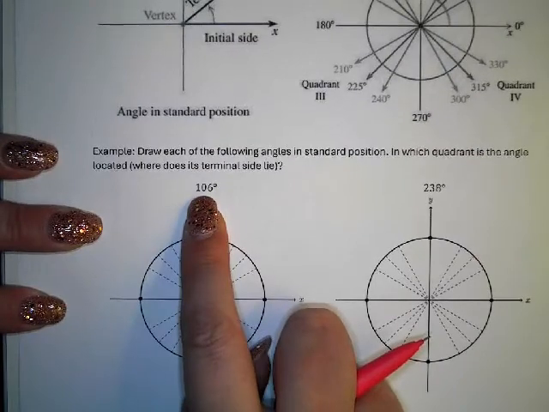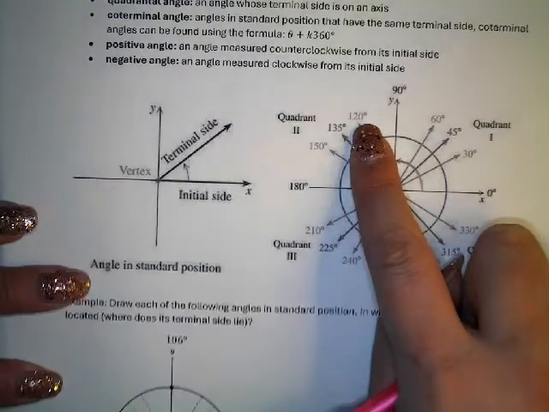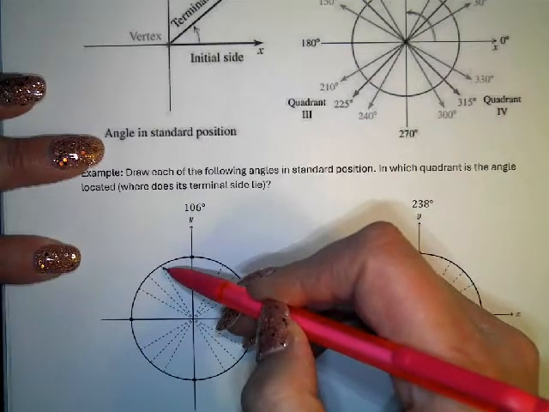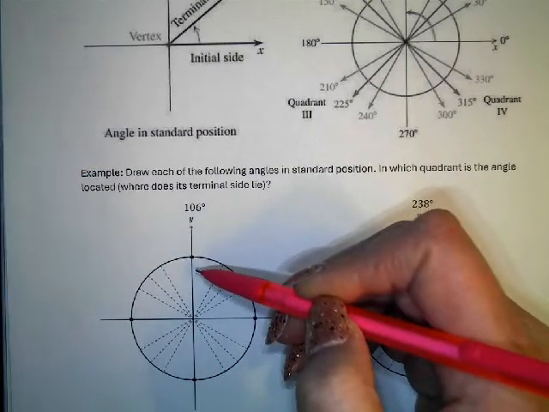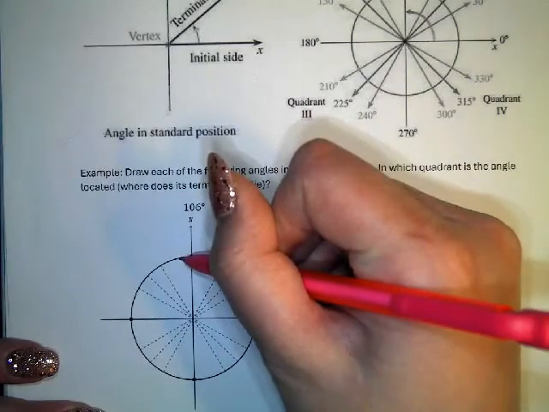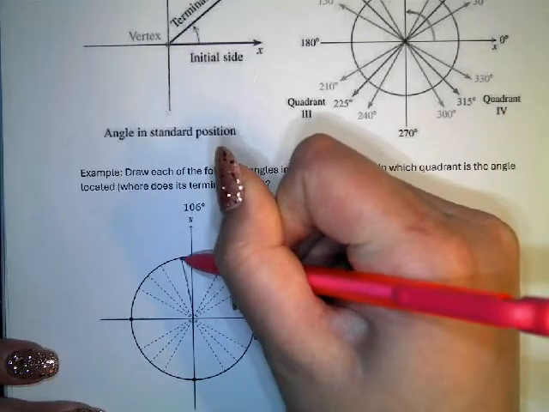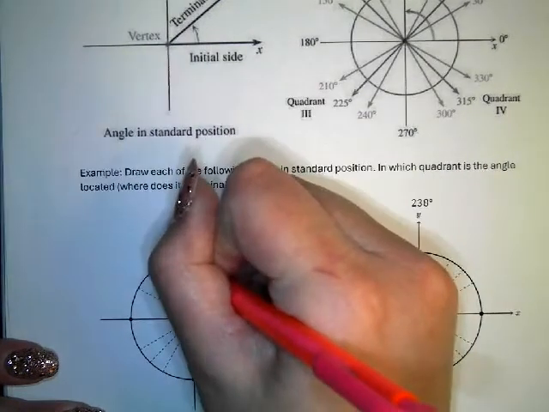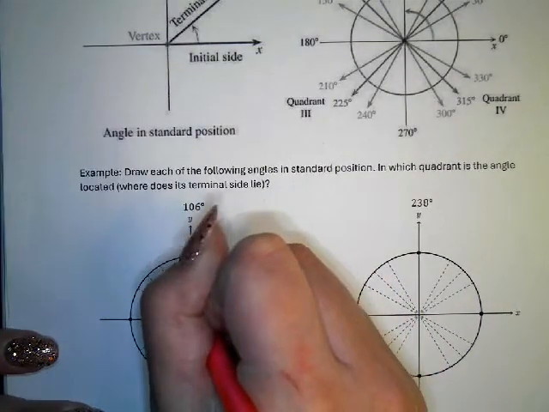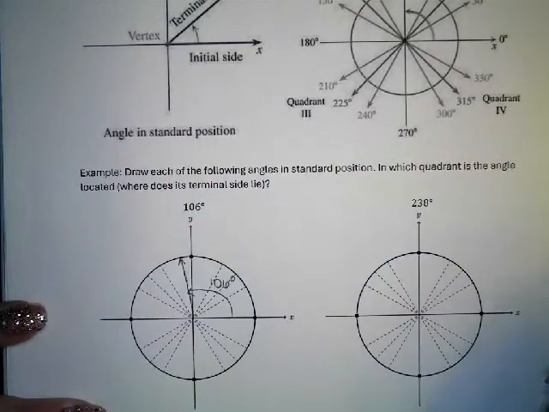So a 106-degree angle is going to be between 90 and 120. So if we have 90 and 120, then 106 is going to be closer to 90 than 120, approximately, and I'll try to draw a straight line approximately right in here. And so I would say that this angle right here is about 106 degrees.